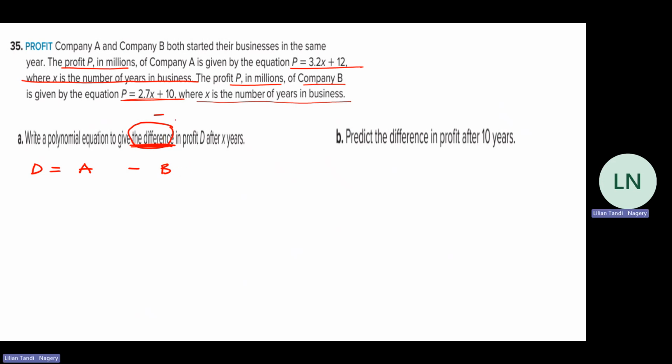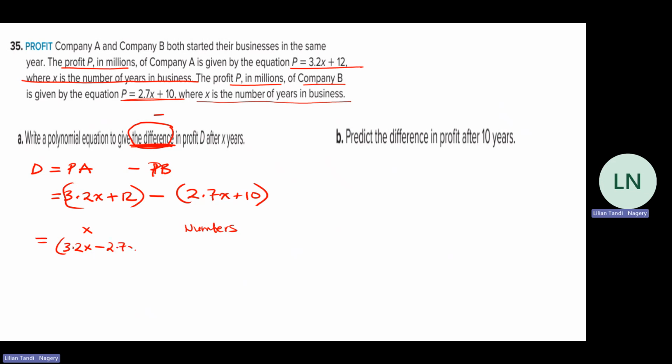Okay? The profit of Company A is how much? 3.2x plus 12. You are subtracting the profit from Company B, which is 2.7x plus 10. So here I will do my x's. Here I will do my numbers. Okay? So 3.2x minus 2.7x.